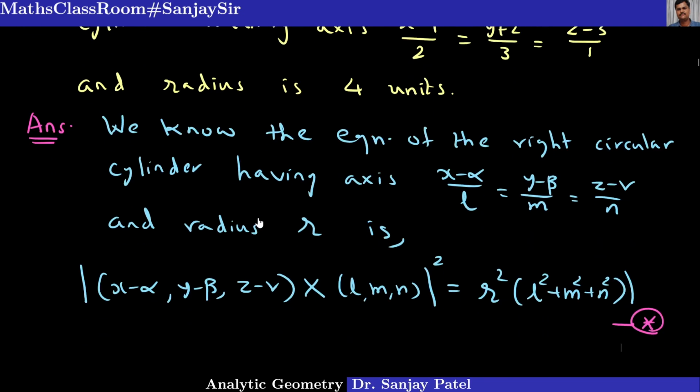In our case, you compare this equation with the general equation and you will get alpha, beta, gamma. So let me write this way.